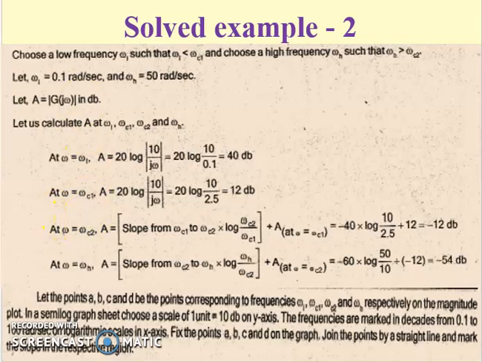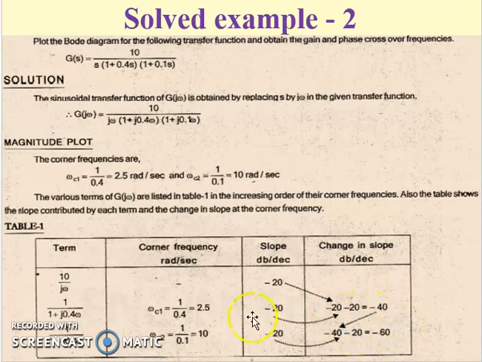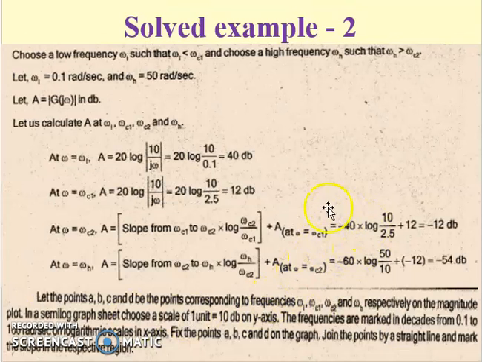For the higher corner frequency and for the higher frequency omega H, we use the standard formula of gain to calculate the magnitude. At omega C2, it is the gain at omega C1 plus slope from C1 to C2 into log of C2 by C1. As we can see, the slope changes are minus 40 and minus 60. These values are substituted here to get the respective magnitudes. So for the calculation at omega C2, it is minus 40 into log of 10 by 2.5, plus the previous gain 12, so you get minus 12 dB.